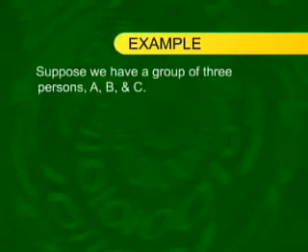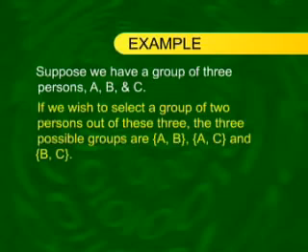Suppose we have a group of 3 persons, A, B, and C. If we wish to select a group of 2 persons out of these 3, the 3 possible groups will be AB, AC, and BC.